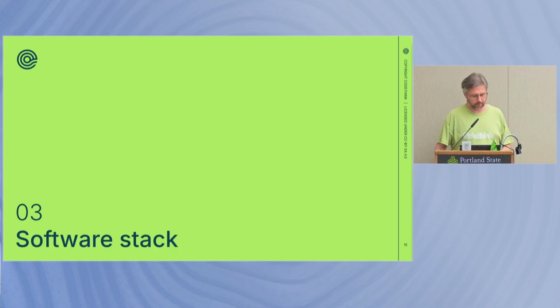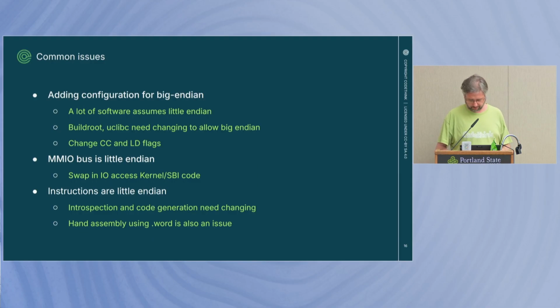So our software stack. A lot of the time we're running into another issue, that a lot of the software builds assume little-endian. So things like Buildroot and uClibc will need changing for putting the correct compiler and linker flags in. Thankfully, that's fairly easy to do, but you have to go through and do it.